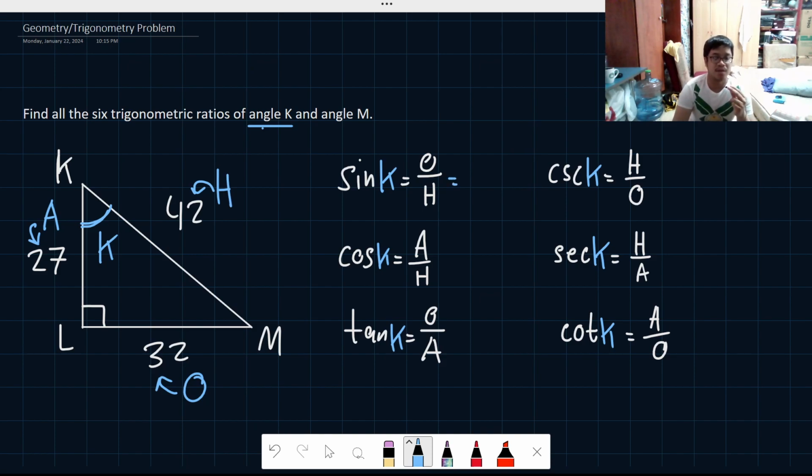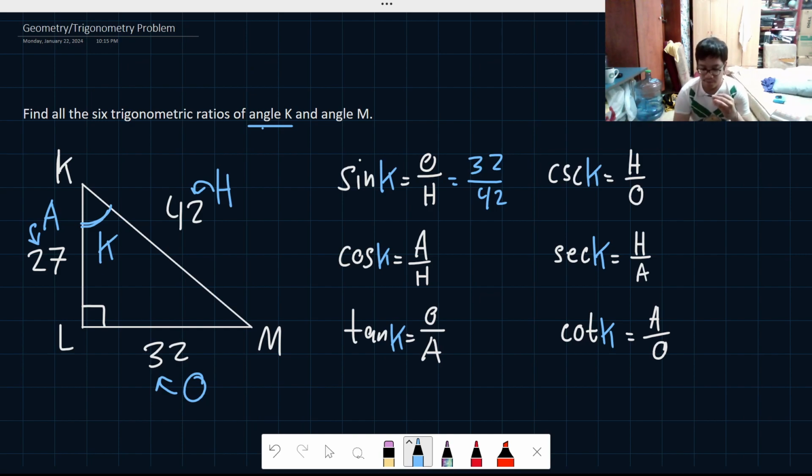Let's start first with sine. So here for sine K, we have opposite all over hypotenuse. So here your opposite is your 32 and your hypotenuse is 42. We can leave this as your answer or we can simplify it. I do believe that this is actually divisible by 2. Let me check, right? Let me just get my calculator on my phone.